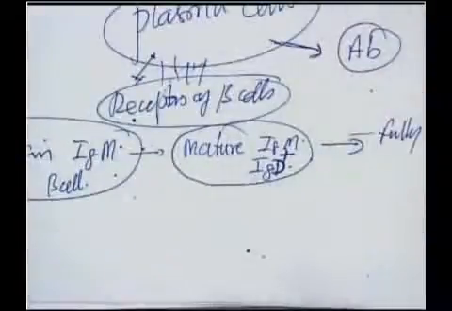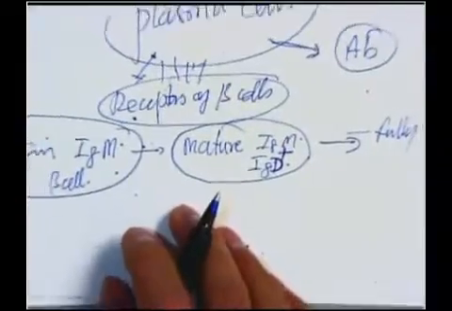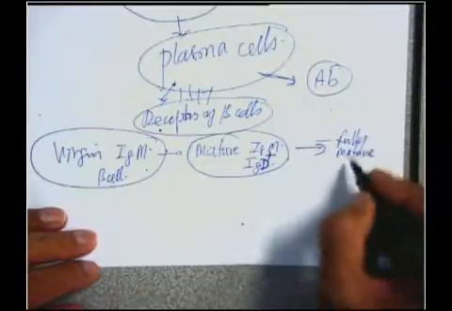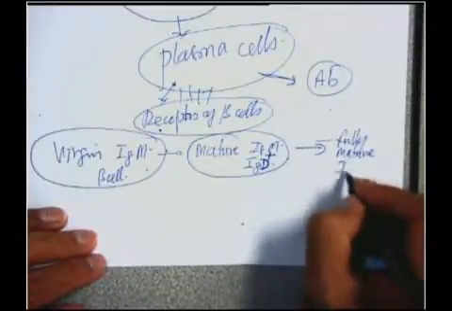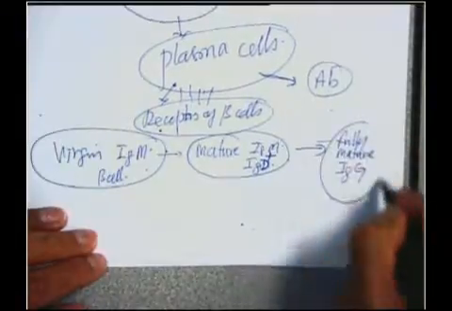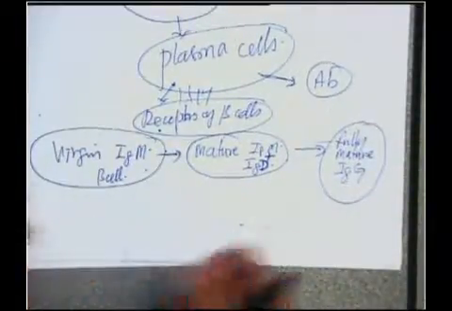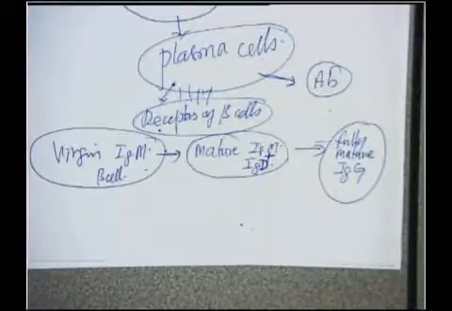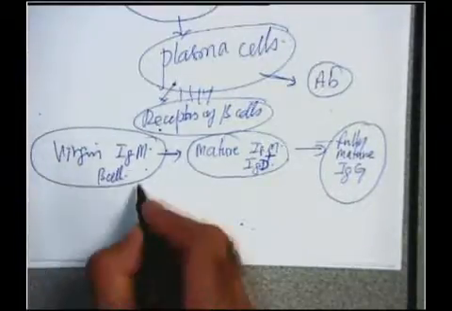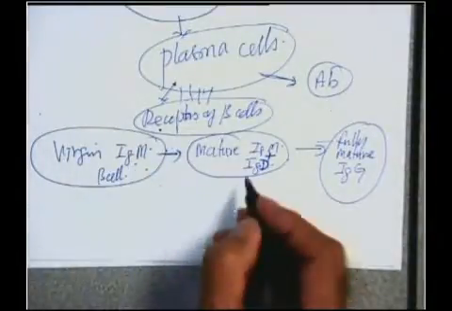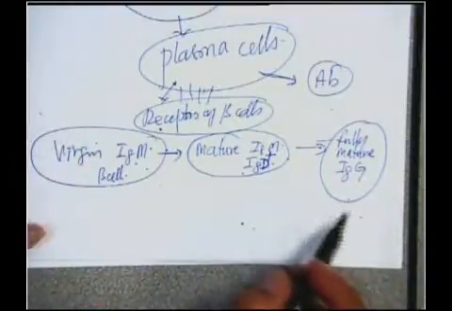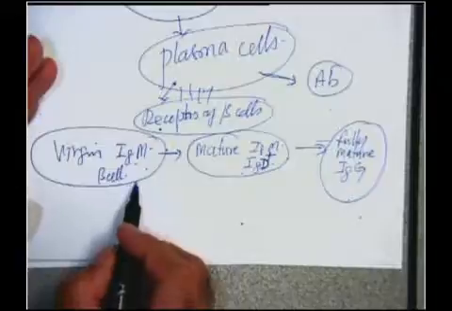Fully mature B cell will have IgG. So when you collect peripheral blood and want to separate the cells out, if you put antibodies, anti-IgM and anti-IgD and anti-IgG, in that case you can easily separate them out.